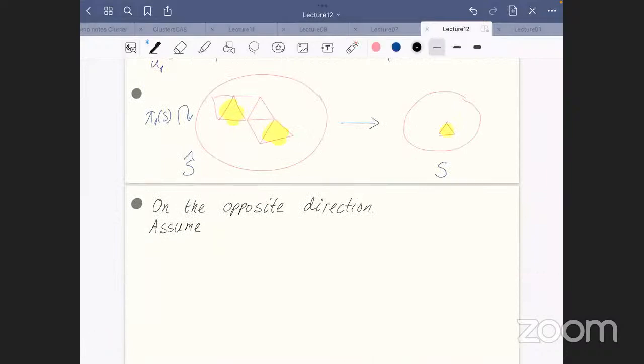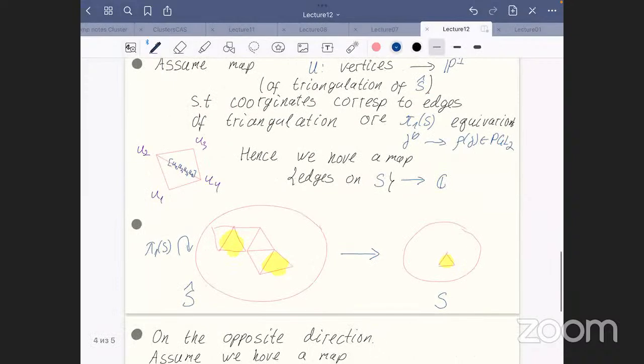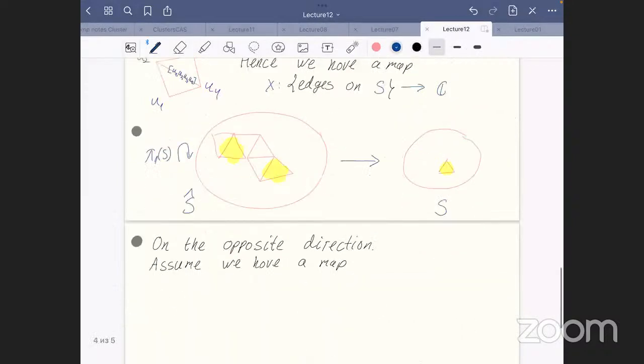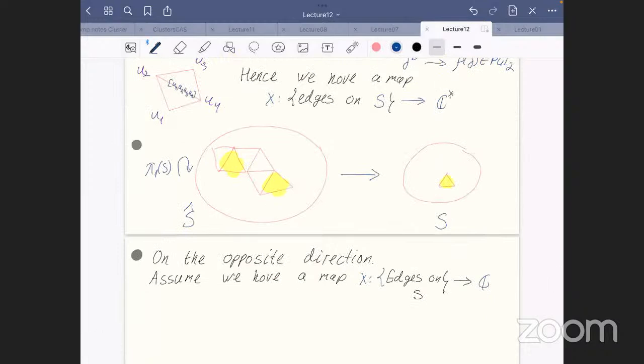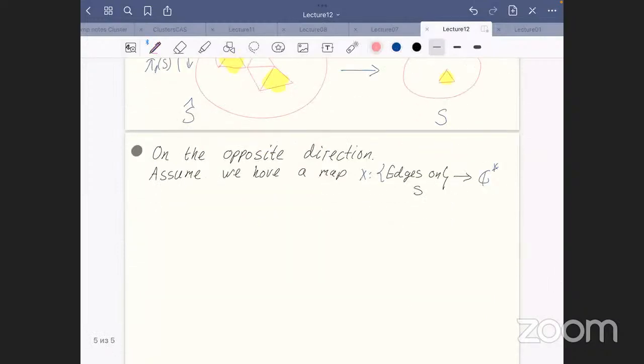Assume we have a map, which I denote by X, from edges on S to C star. Then we can, if we start from, take some triangle.